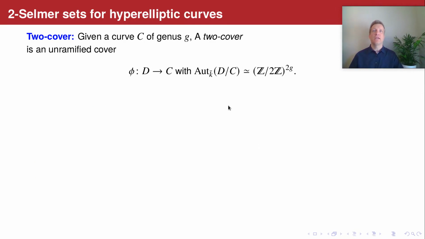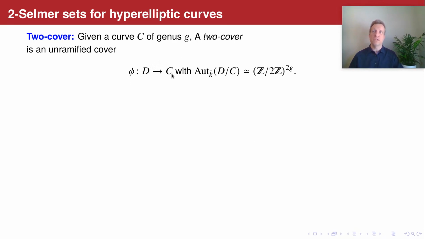This idea is applicable to a lot of curves. One just needs a way of generating appropriate unramified covers. One cover that is suitable for such purposes is a 2 cover.